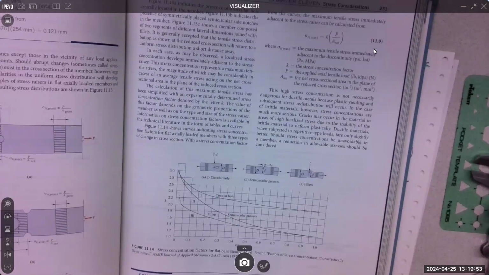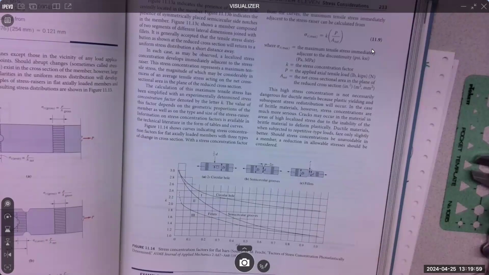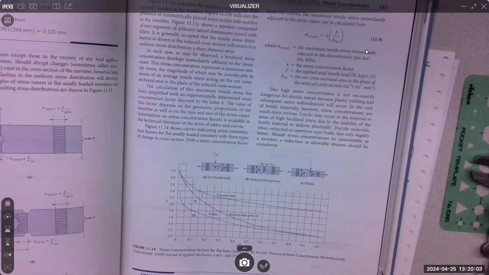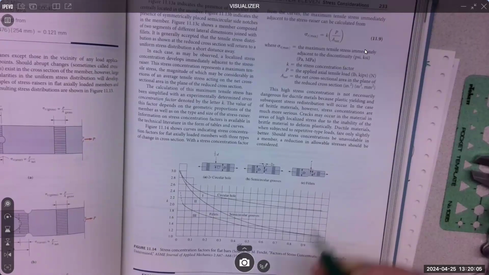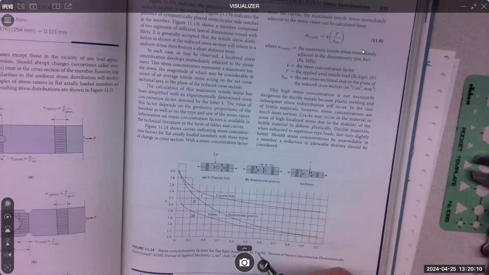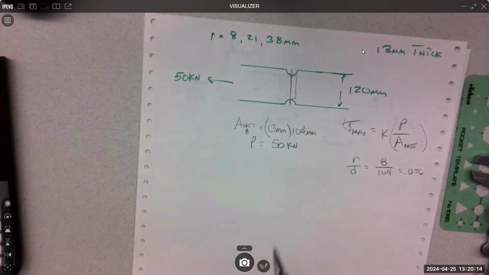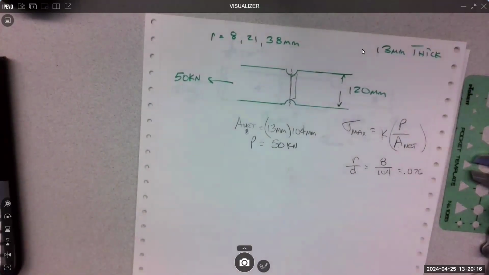It's a little weird that they show it like that. So it's 2R, so R is the radius. And it's the same way here, right? Actually, they show it as a radius though, a little more clear. Yeah, so that would throw your R to D ratio off. You're right. All right, so 0.076.